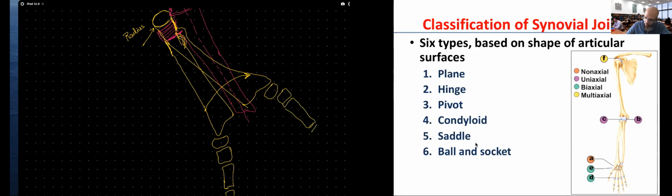So this is the back of the thumb on here. Remember, this is what allowed the pronation and supination movement to take place, the rotation of the radius around the ulna.